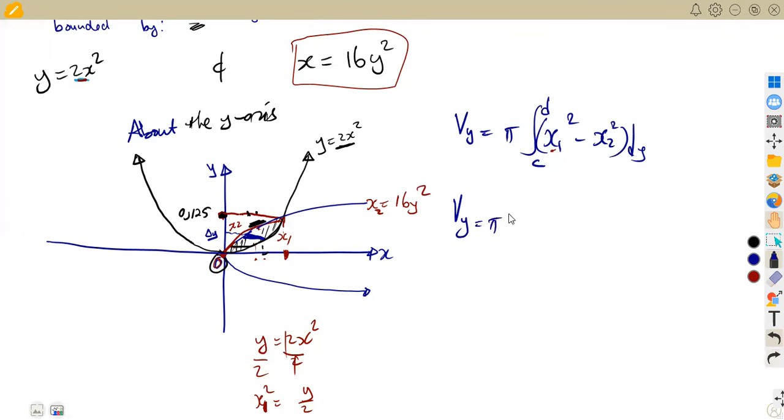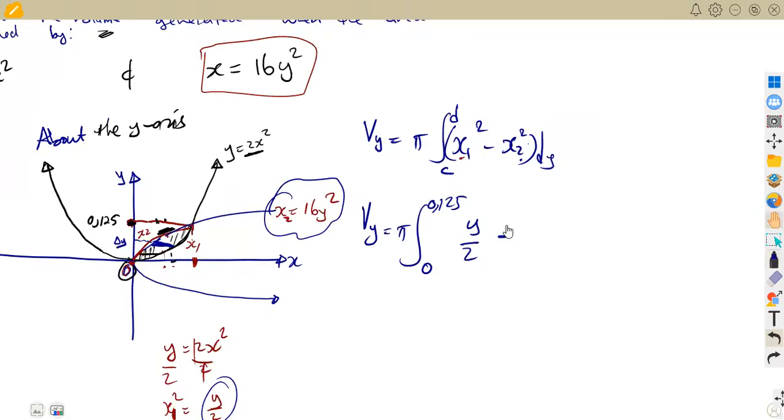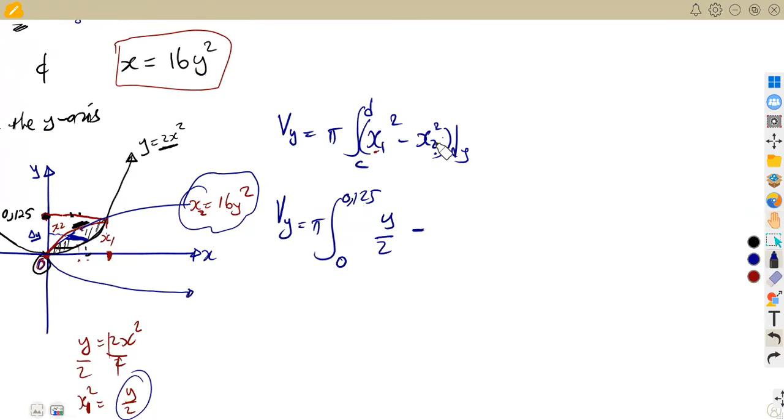So it's going to be pi, the integral with limits 0 to 0.125. Like I said, this x1 is already being squared, it's x1 squared, which is y over 2, minus x2 squared. Remember, x2 is 16y squared, so we square that so that it gives us x2 squared.